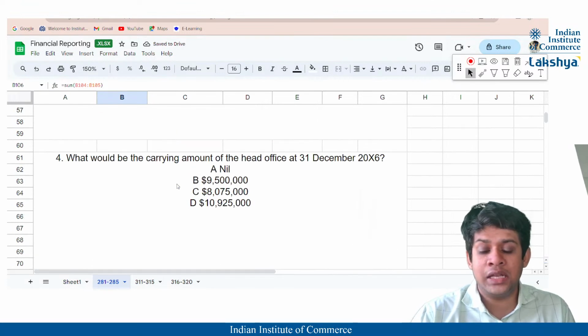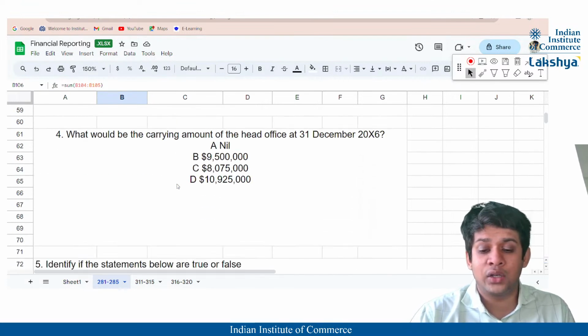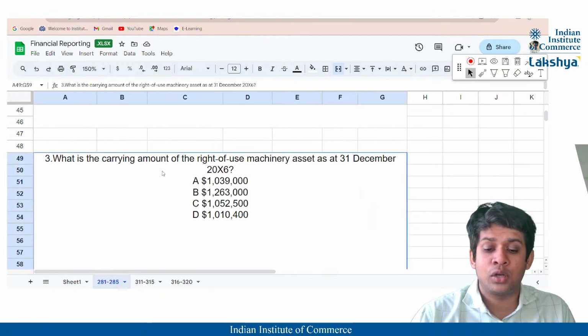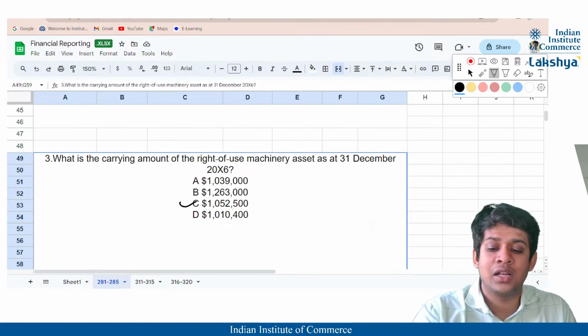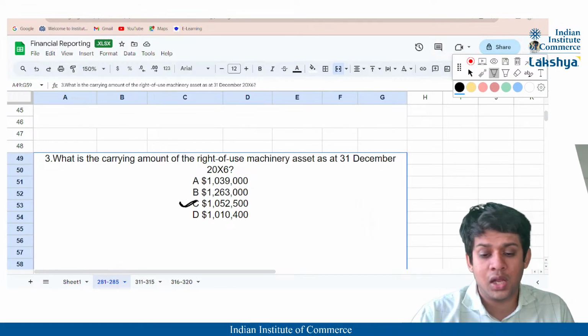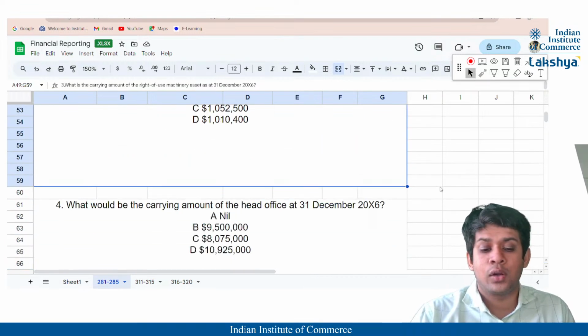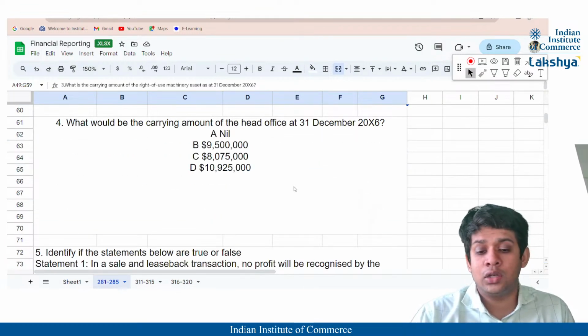And it is not a mid-year lease entry or anything, so we have to calculate the full depreciation, right? So what is the carrying amount of the right of use machinery? It is going to be option C, 1,052,500. That is what we got as the carrying amount of the right of use asset. I hope this part is clear to you all.